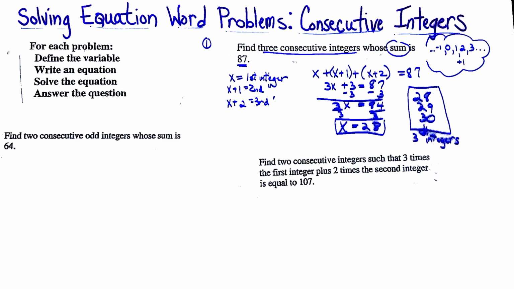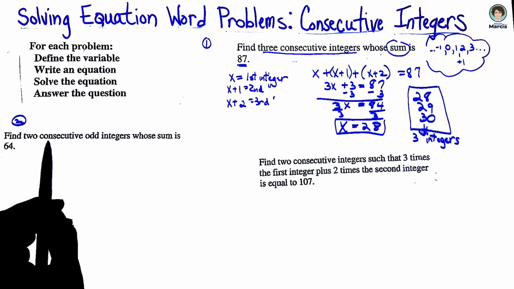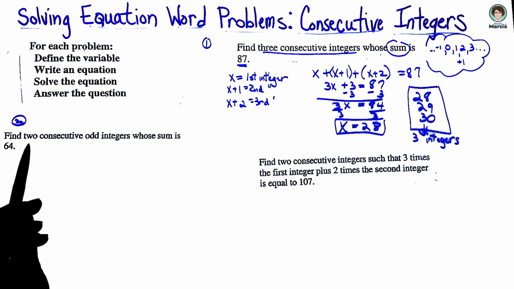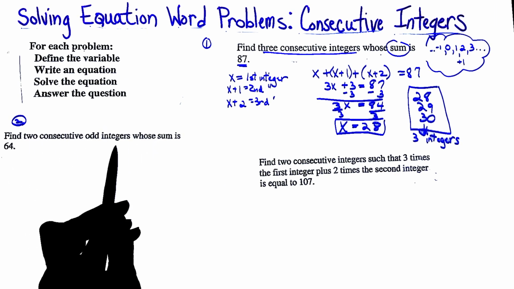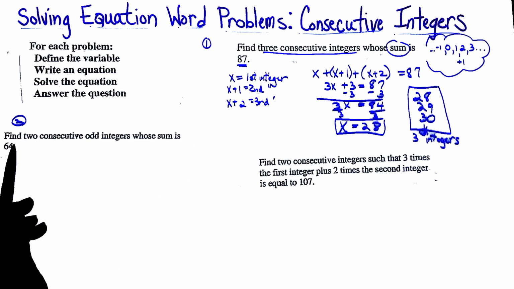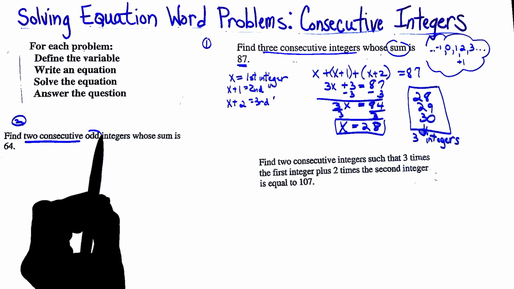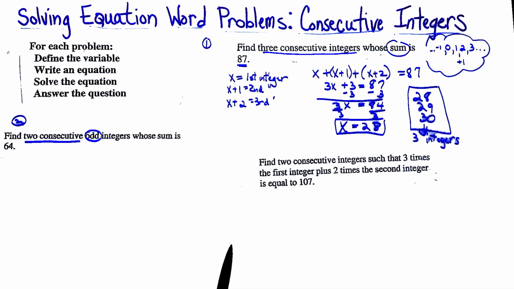All right, well, you know I always like to add a little bit more difficult step, just something to think about. So for question number 2, let's read the whole problem. We're going to find 2 consecutive odd integers whose sum is 64. Okay, well, first we're finding 2 consecutive, but notice, odd integers. And their sum, again, is going to be 64.